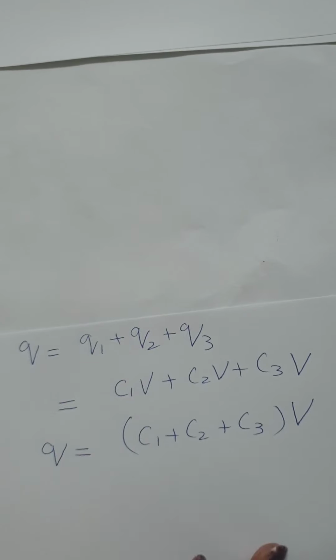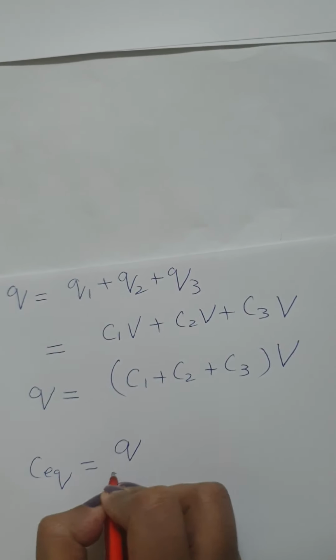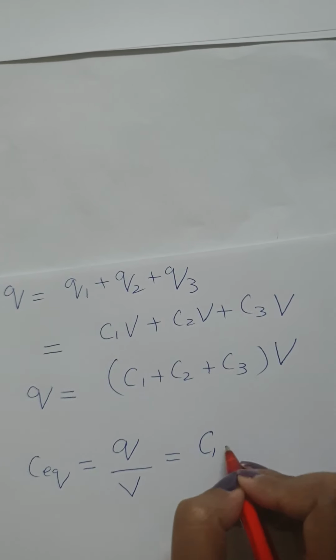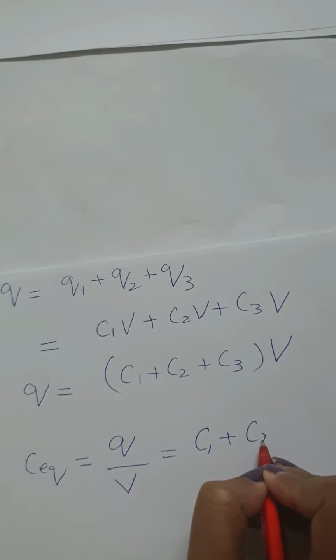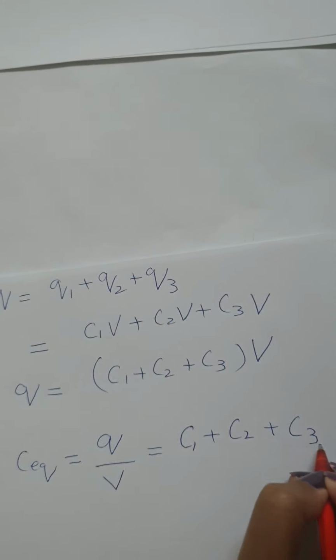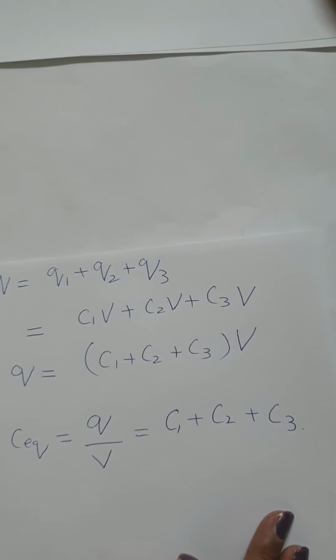This is the total charge, and the total equivalent capacitance is equal to Q over V, which is C1 plus C2 plus C3.